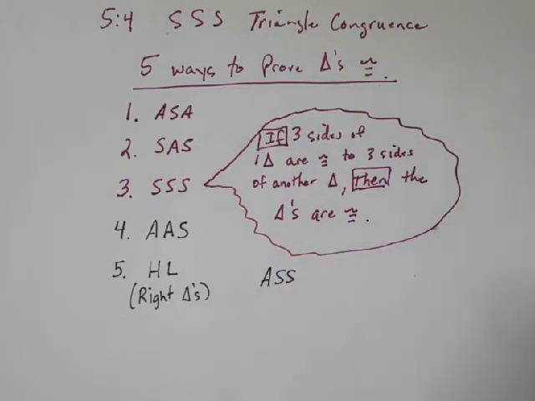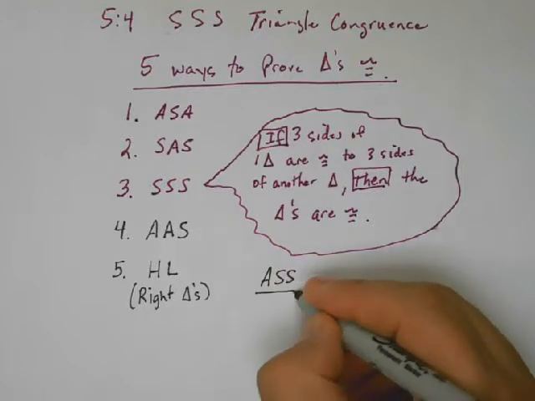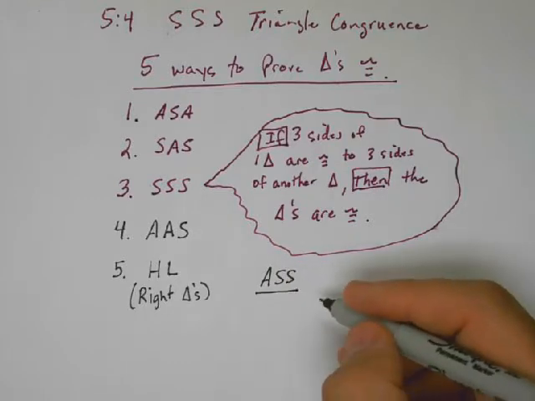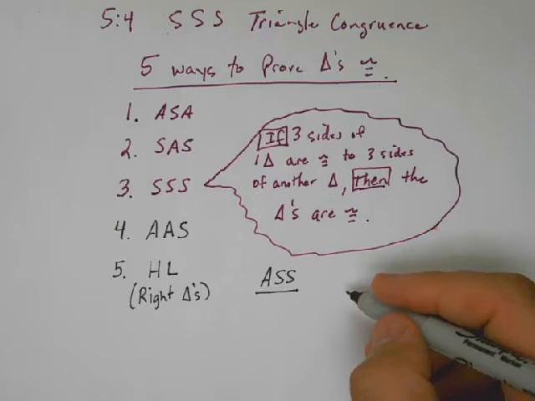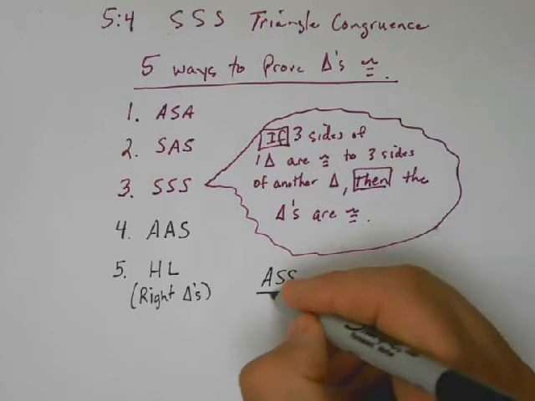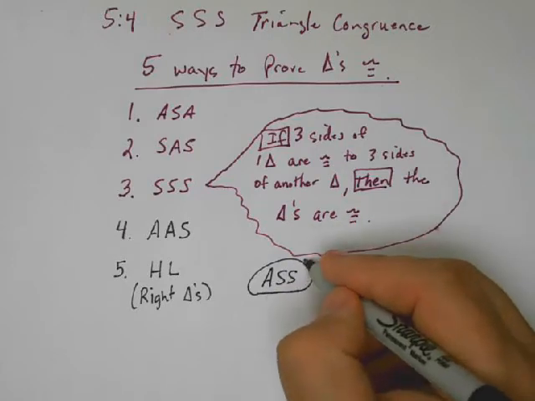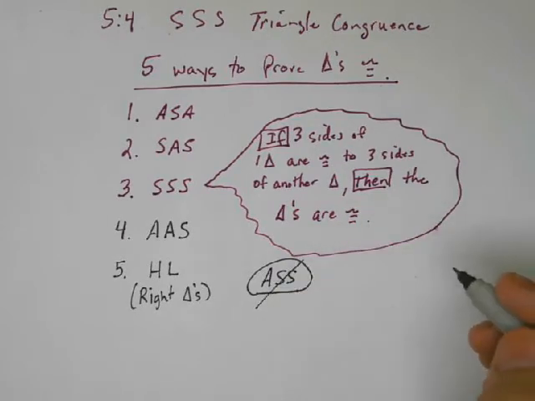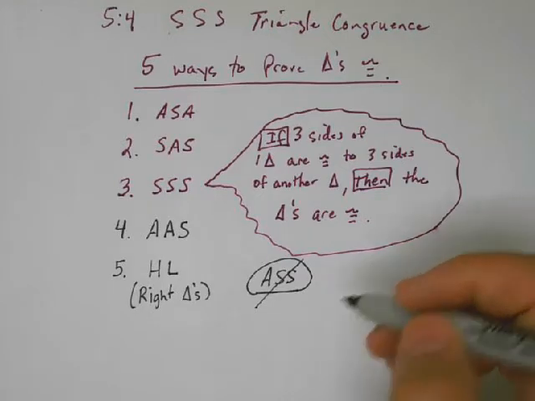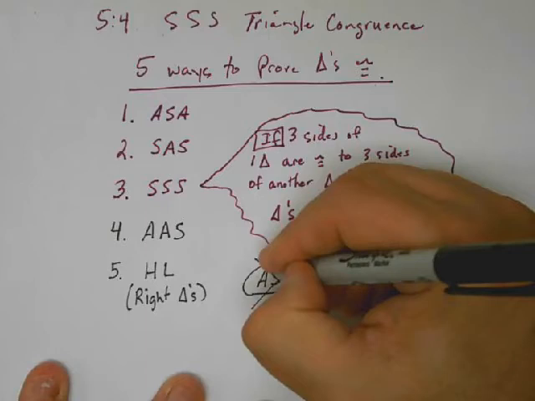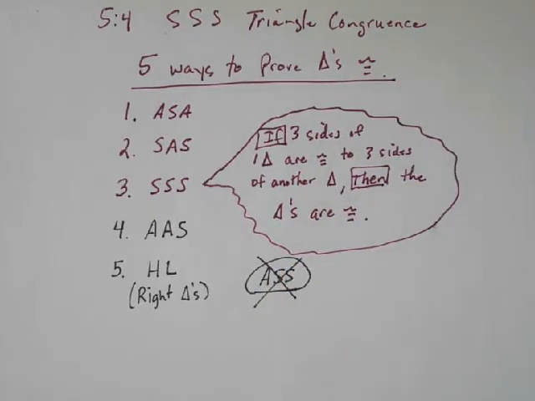Mason. This is not a way to prove triangles congruent. I know you're bummed out about that. No, don't go home and tell your mom and dad I'm cussing in geometry. Chase, I don't want you being offended.